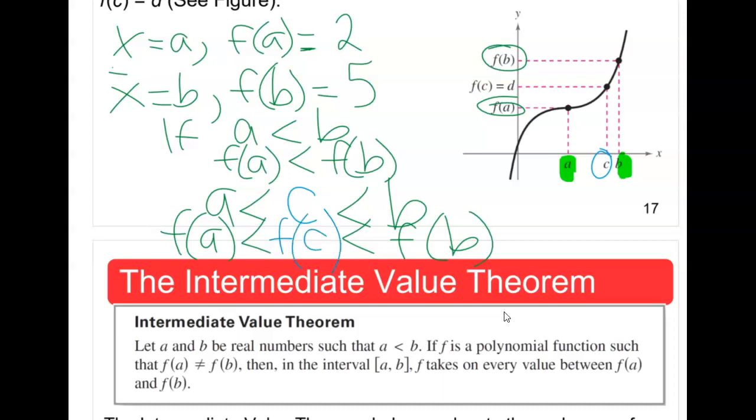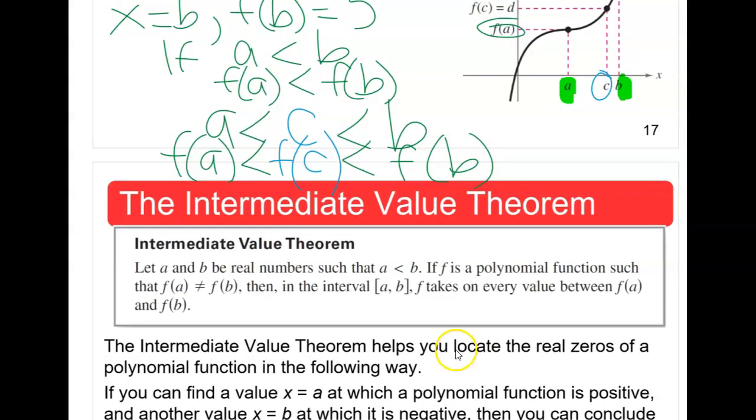F of c is right here. There we go. So that is an application of the intermediate value theorem.